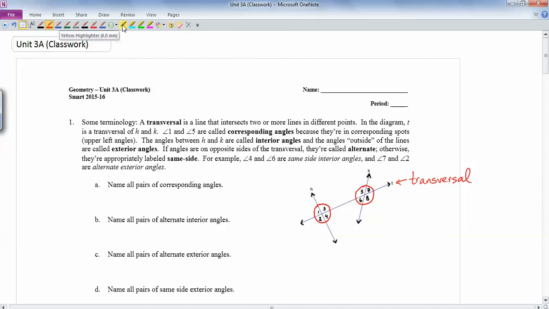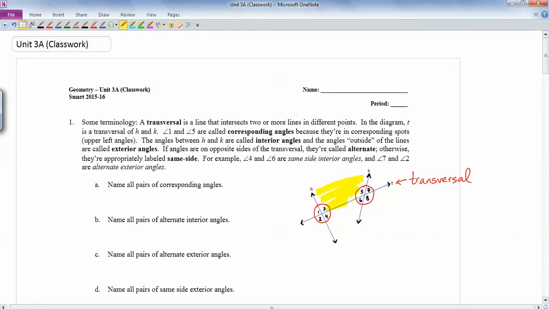So one thing is that if you look at 1, 3, 5, and 7, they're all on one side of the transversal. 2, 4, 6, 8 are on the other side of the transversal. The reason that I circled these angles is whenever I make a pair, I'm going to pick one angle from this chunk over here, 1, 2, 3, 4, and one angle from that chunk, 5, 6, 7, 8. So let me talk about some other terms first.